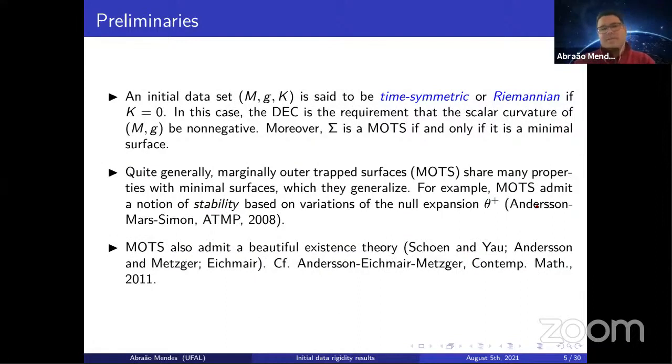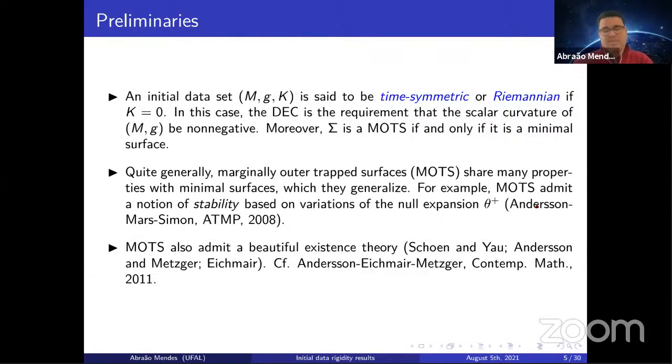An initial data set (M, g, K) is said to be time symmetric, or Riemannian, if K vanishes. In this case, the dominant energy condition is just the requirement that the scalar curvature of the Riemannian manifold be non-negative. Also, sigma is a MOTS if and only if it is a minimal surface.